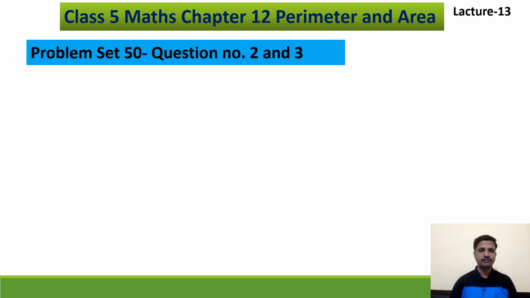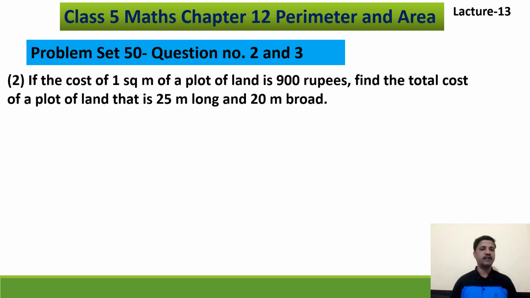Okay, so the second question is: if the cost of 1 square meter of a plot of land is 900 rupees, find the total cost of the plot of land that is 25 meter long and 20 meter broad. What is given?